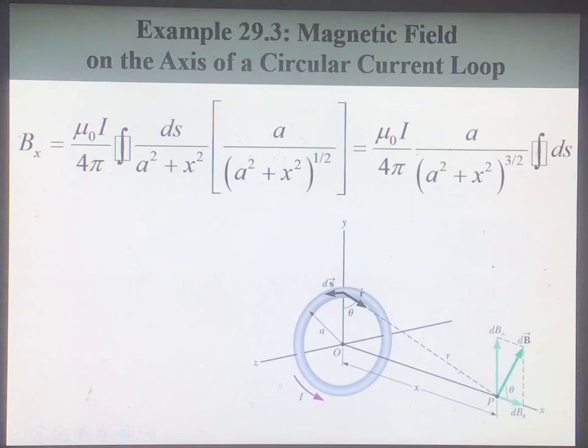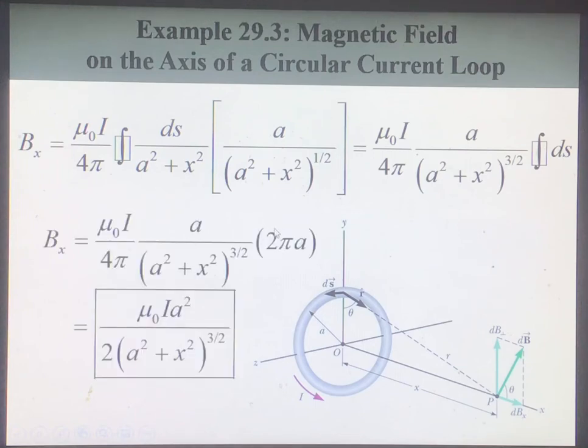Now the integral over ds is simply 2 pi times a, which is the circumference of this circular loop. If I substitute this, I end up with this final equation right here. So this is my Bx value, my magnetic field pointing in the x direction.